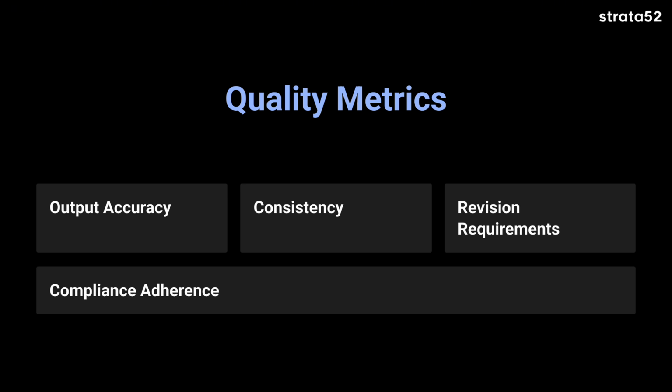Is the tool's performance stable, or does it vary significantly from day to day? Then for revision requirements, how often do the humans have to go in and correct and refine the AI's output? And then for compliance adherence, even small businesses need to make sure that the regulatory standards are met, especially in standardized industries like healthcare or finance.